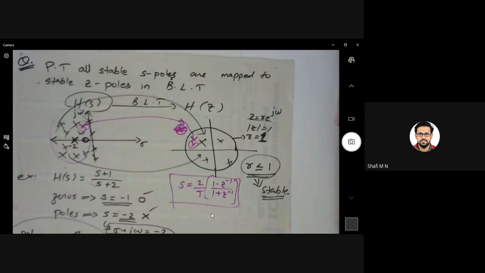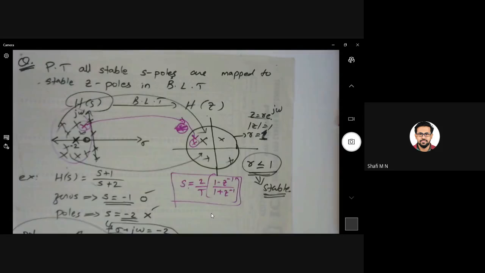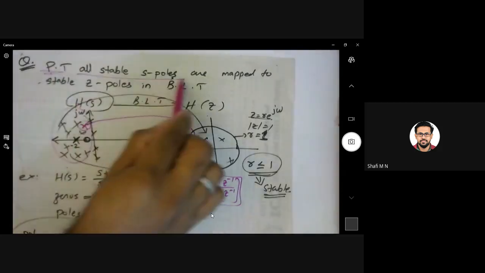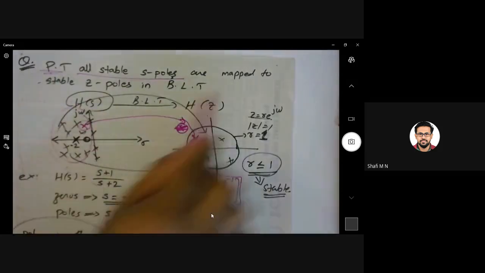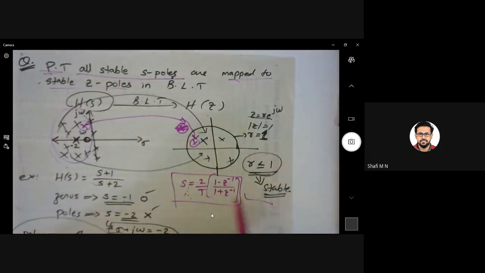You can, but it should meet some important criteria, and one among them is stability. Stability should not be affected. So the question is: prove that all the stable S-plane poles are mapped to stable Z-plane poles while using this substitution. That is the bilinear transformation.